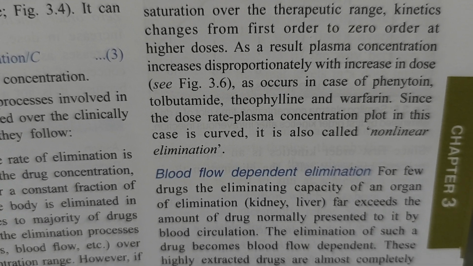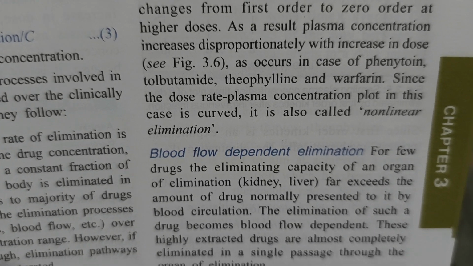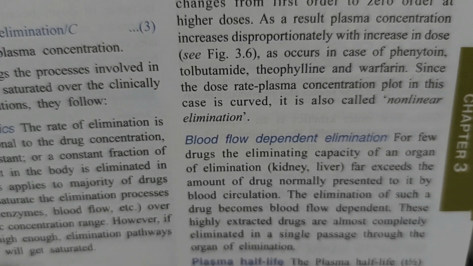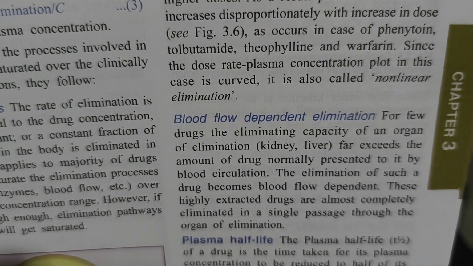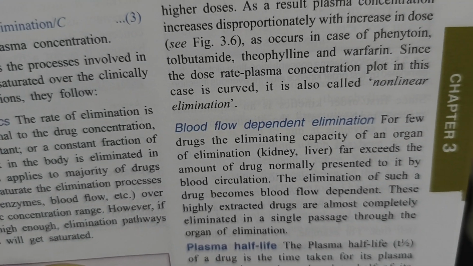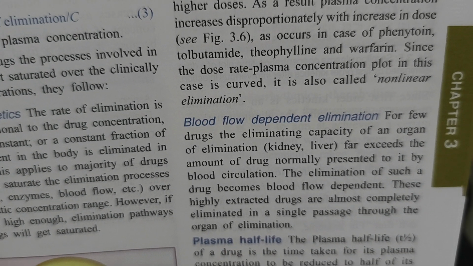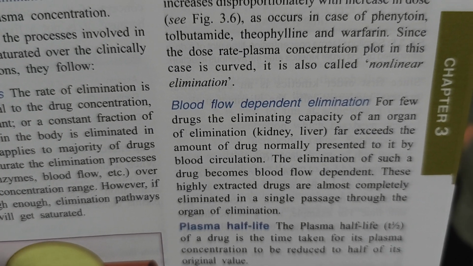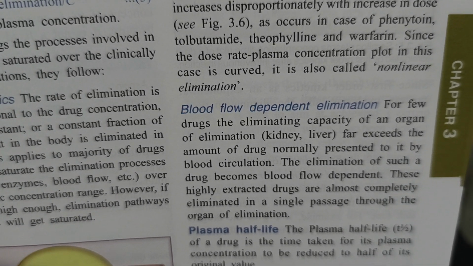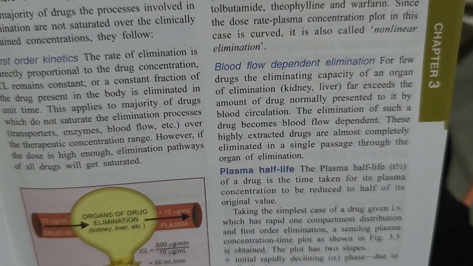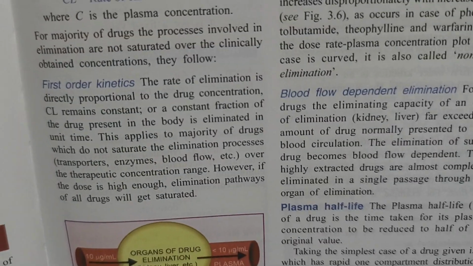As a result, plasma concentration increases disproportionately with increase in the dose, which is shown in figure 3.6, as occurs in the case of phenytoin, tolbutamide, theophylline, and warfarin. Since the dose rate versus plasma concentration plot in this case is curved, it is called non-linear elimination.